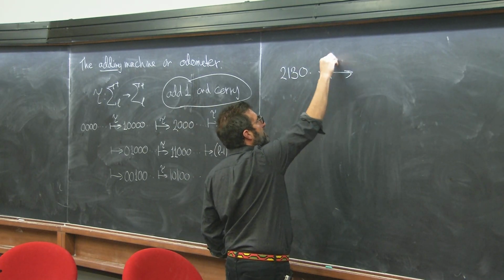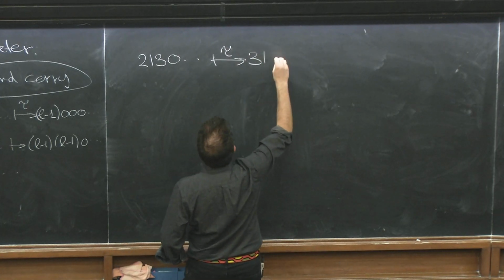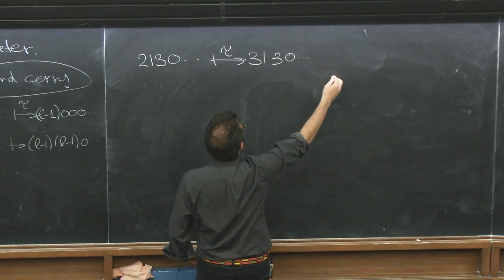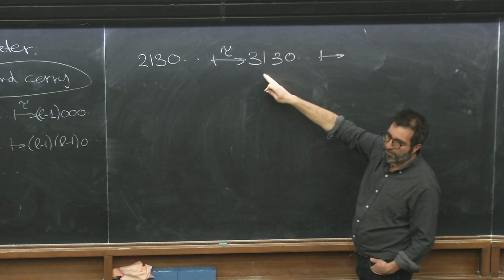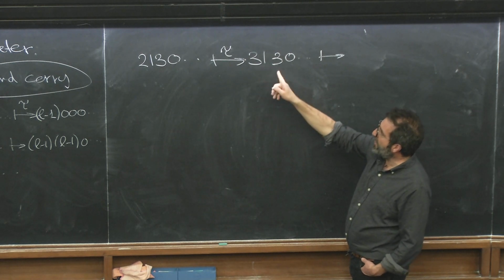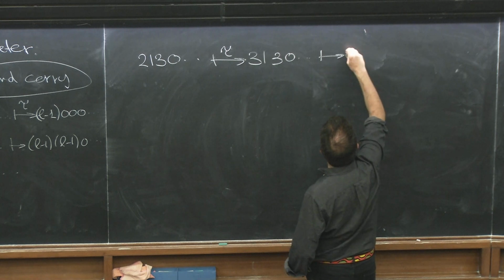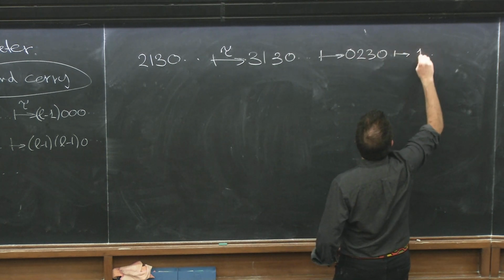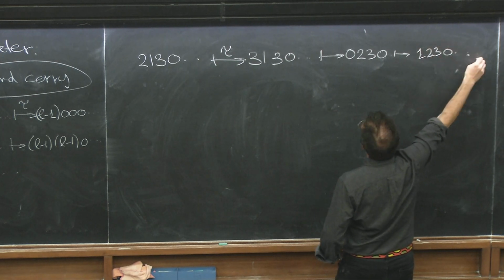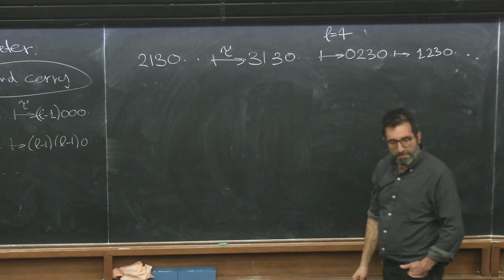Then you apply the map tau, and then you add 1, and you get 3, 1, 3, 0, right? And then depending on how many digits you have, for example, if L equals 4, if 3 is the maximum digit, then here you carry, so you go to 0, 2, 3, 0, and so on, and then 1, 2, 3, 0. Okay, this is for L equals 4, when the maximum digit is 3.